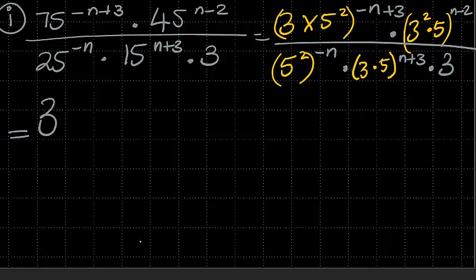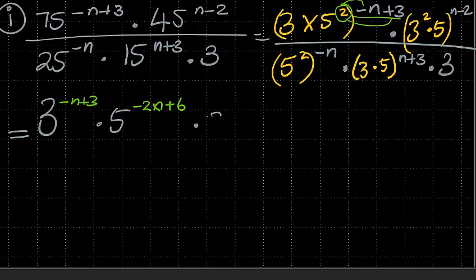So our next line is going to be 3, and the exponent there is going to be that, which is minus n plus 3. Then we're going to multiply it by 5, and now I need to multiply this 2 with each of those. So it's going to be minus 2n plus 6. Then we multiply it by 3, and the exponents here, I need to multiply that by that.